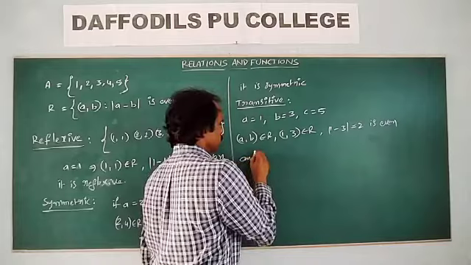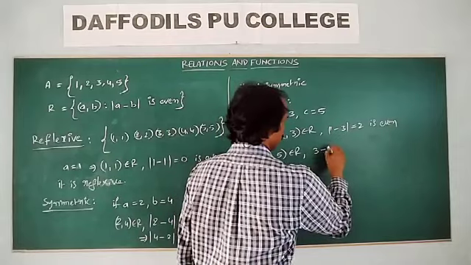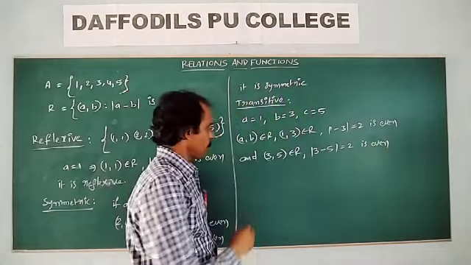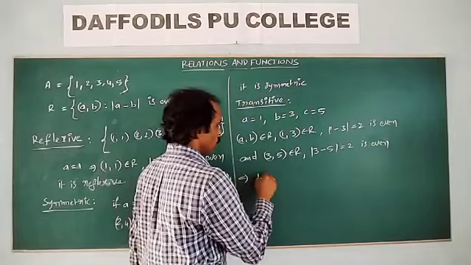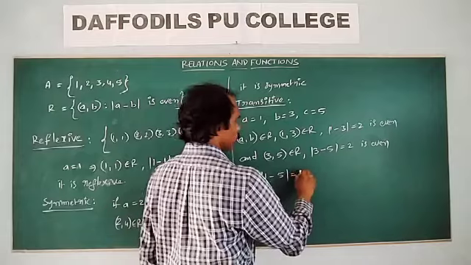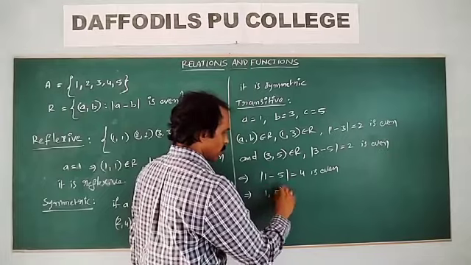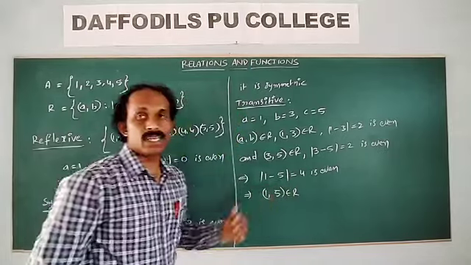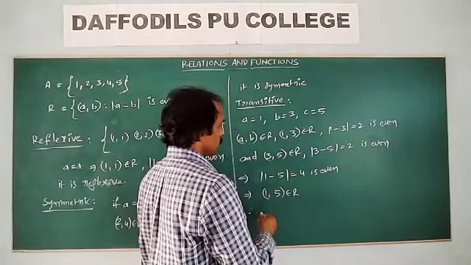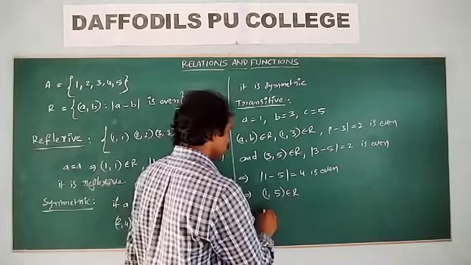And (3, 5) belongs to R means 3 minus 5 is even. This implies modulus of 1 minus 5 is equal to 4, which is even, so (1, 5) belongs to the relation R. Therefore, (a, b) and (b, c) in R implies (a, c) in R. Therefore, it is transitive.